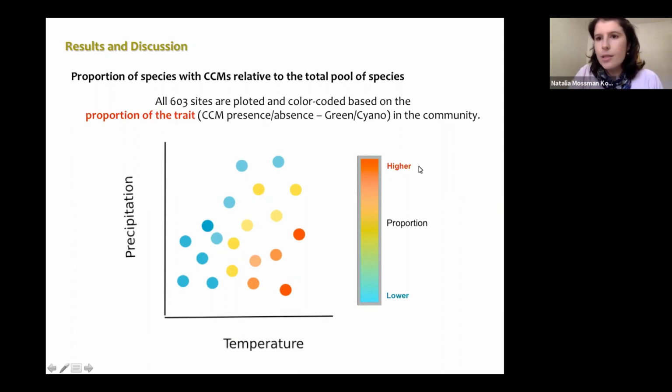The color-coding is based on the proportion of species with carbon concentrating mechanisms, separated by the trait category and relative to the total pool of species. I will show all the 630 sites based on this proportion. Higher proportions are shown in warmer colors and lower proportions in colder colors, so higher in red and lower in blue.